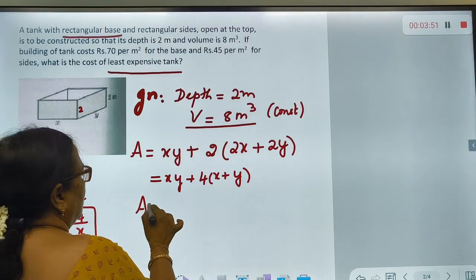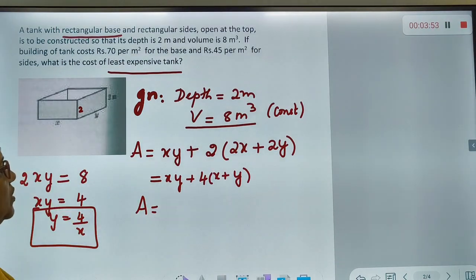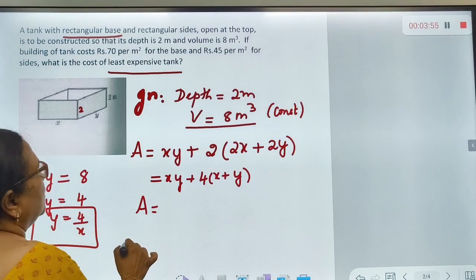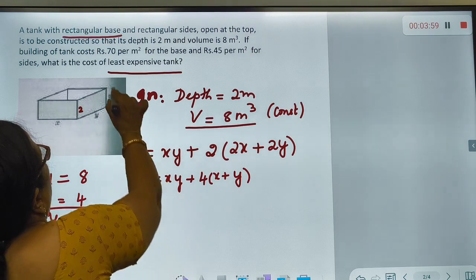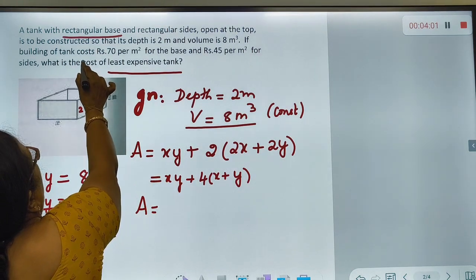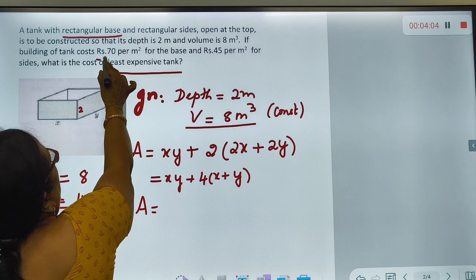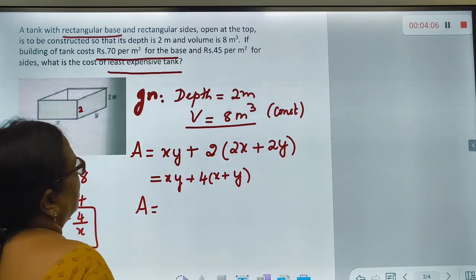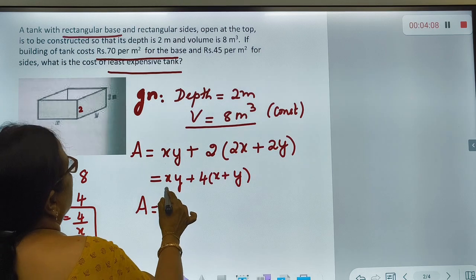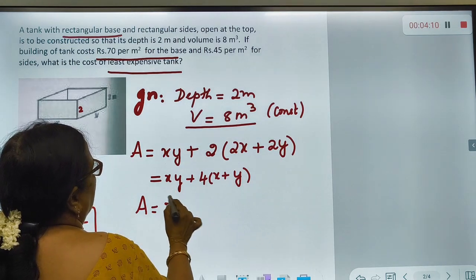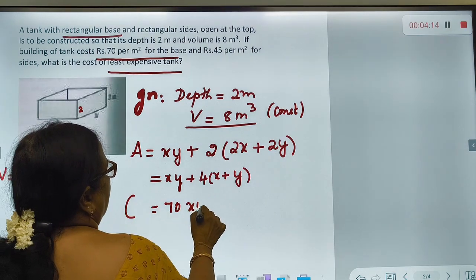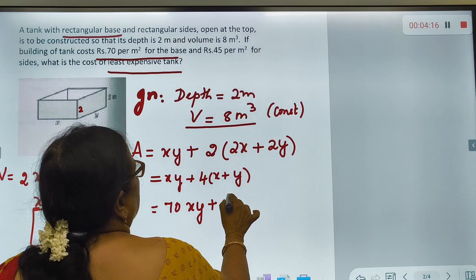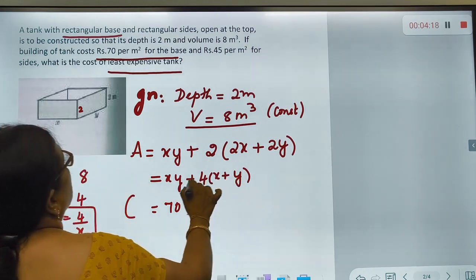Now what is it that we have to do? You have to first also use the fact the building of the tank costs rupees 70 per meter square for the base. Okay, so this is the base. So the cost function is 70xy plus, this is the sides.